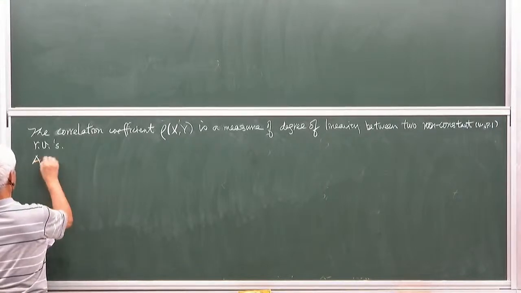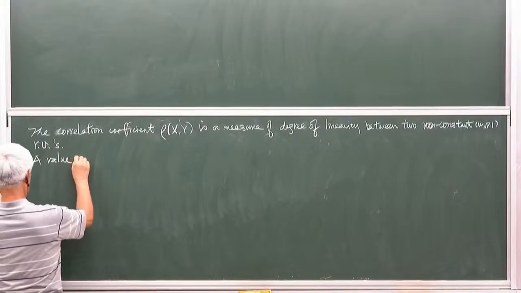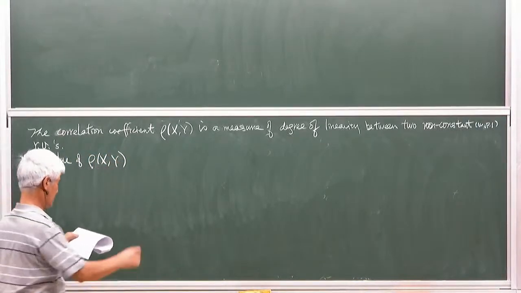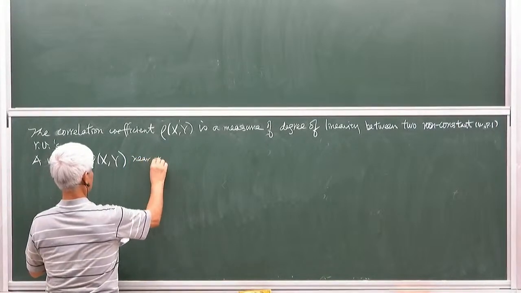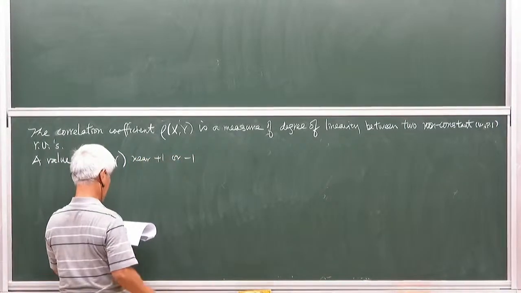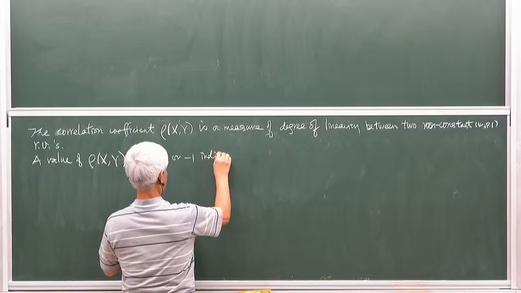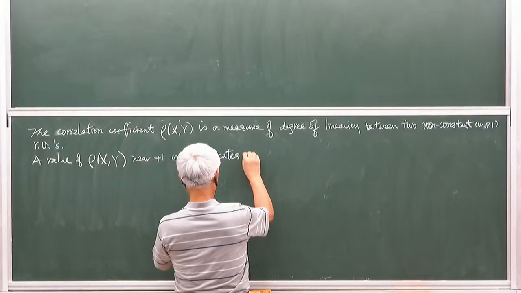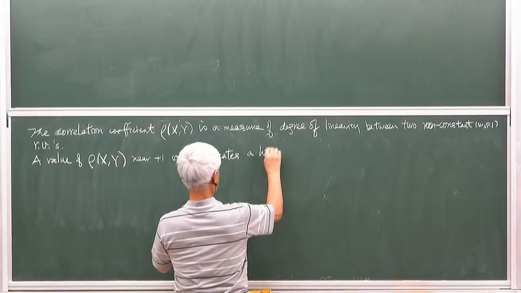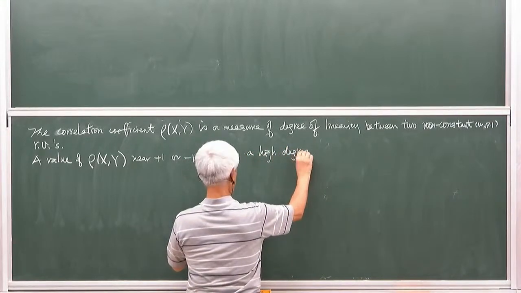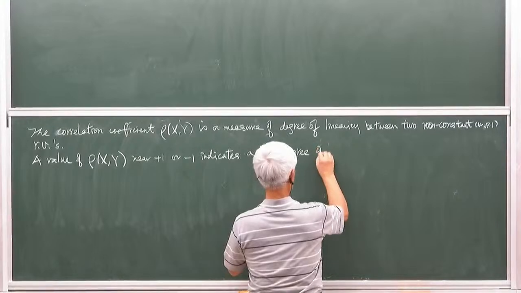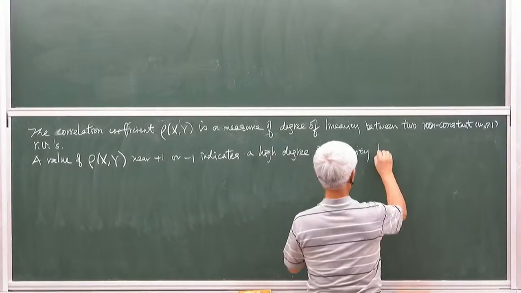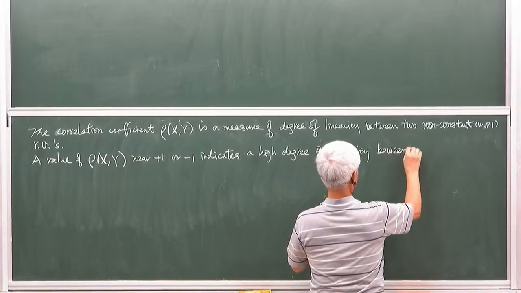And a value of the correlation coefficient near +1 or -1 indicates a high degree of linearity between x and y.